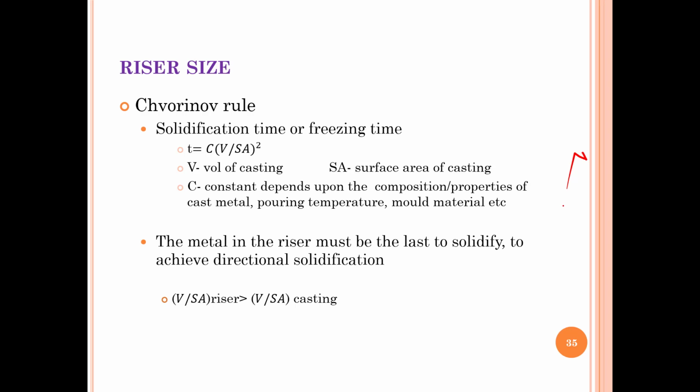V is the volume of casting, SA represents the surface area of casting, and C is a constant that depends upon the composition or properties of the cast material, pouring temperature, mold material, etc. The metal in the riser must be the last to solidify to achieve directional solidification. Normally, the V by SA, that is volume by surface area of the riser, is larger when compared to the volume by surface area of the casting.